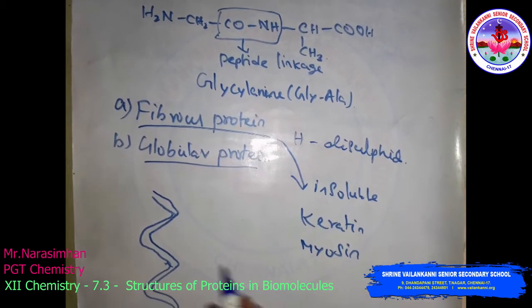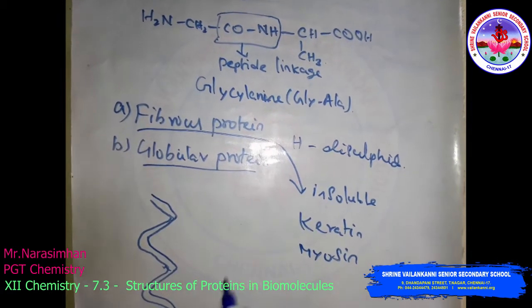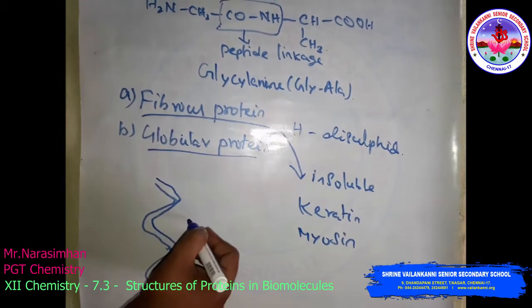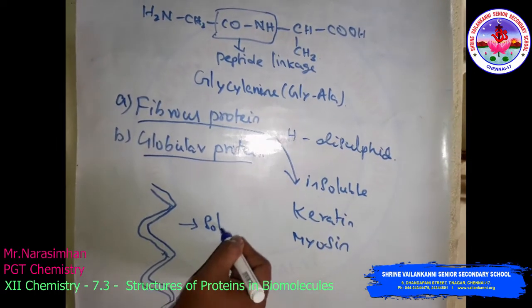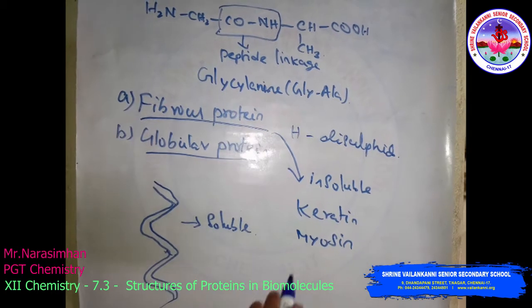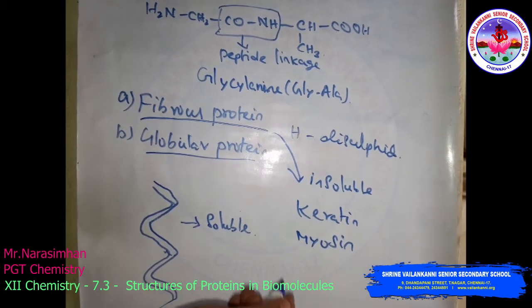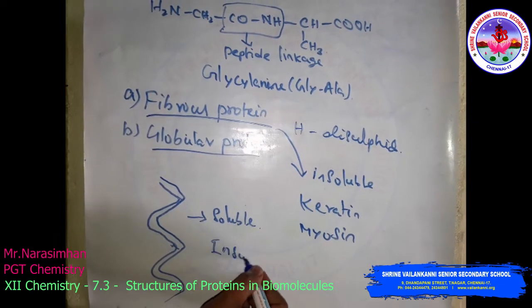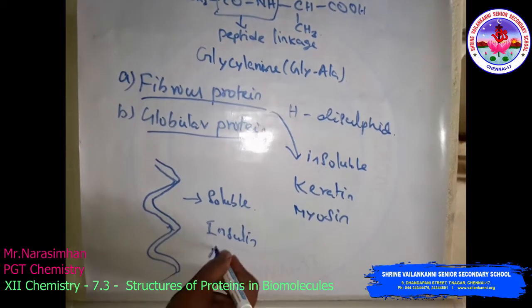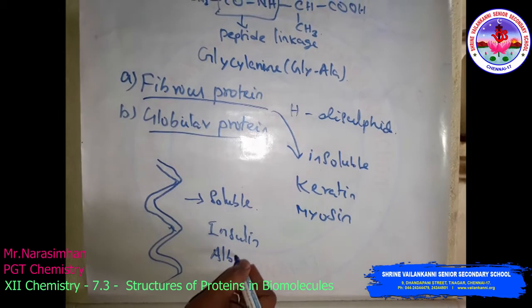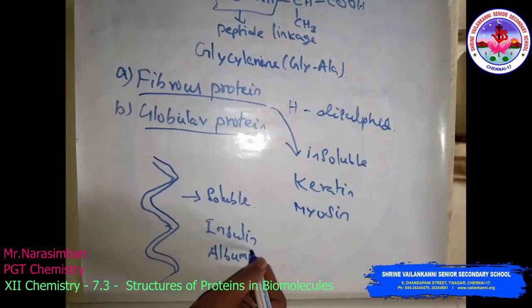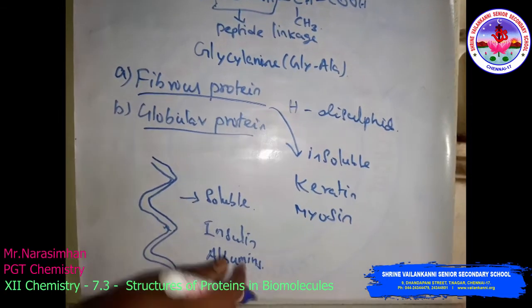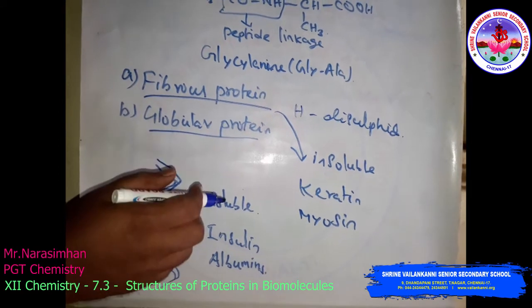These are usually soluble in water, the opposite of fibrous proteins. Examples are insulin and albumins. These are the common examples for the globular protein.